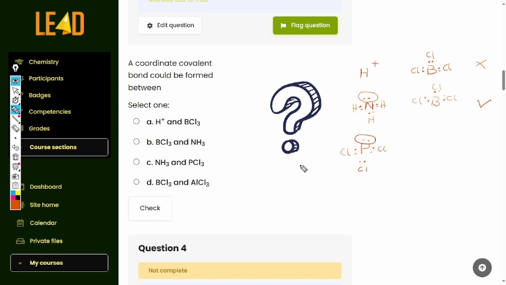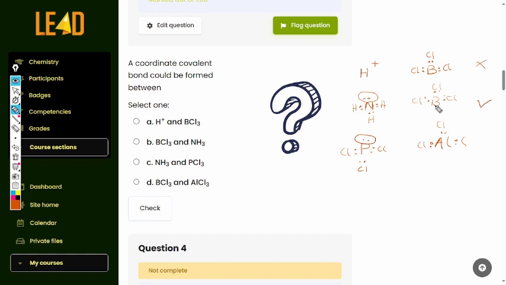So C is wrong. Now D, where you have boron trichloride here, and then aluminium trichloride. So let's see what aluminium trichloride looks like. Aluminium belongs to group 3, so 1, 2 and 3. Then the chlorine atoms will go with the unpaired electrons here. Now notice aluminium trichloride has no lone pair of electrons.